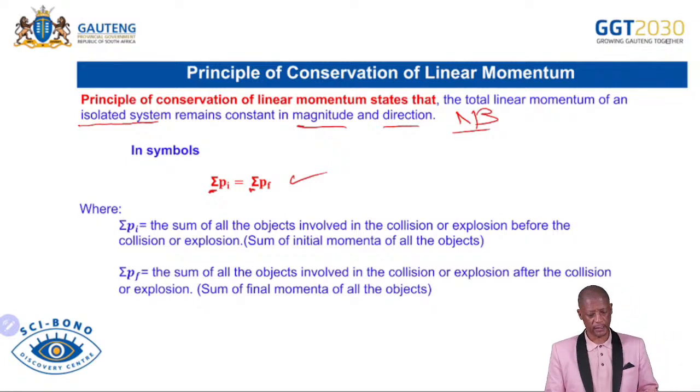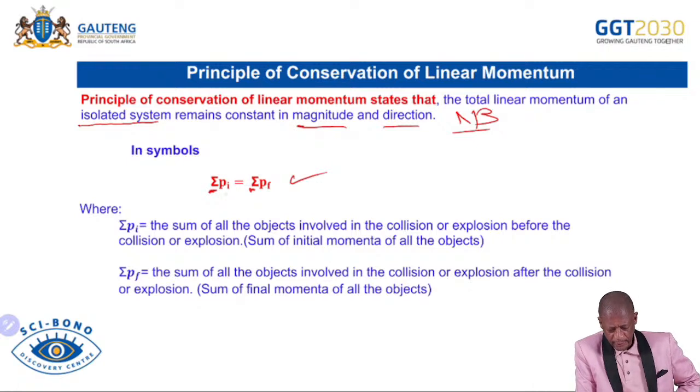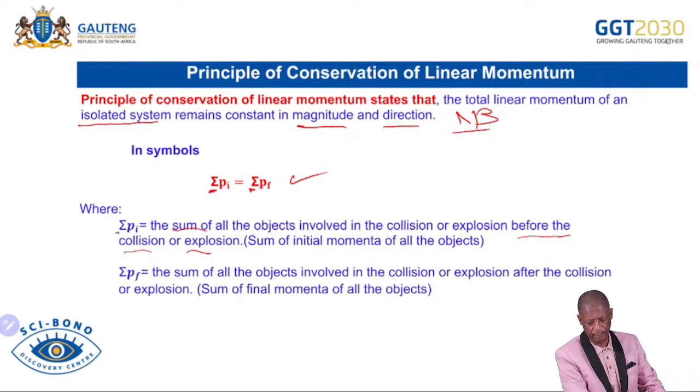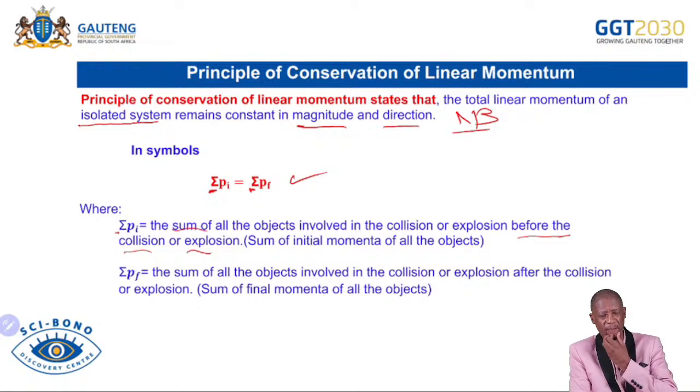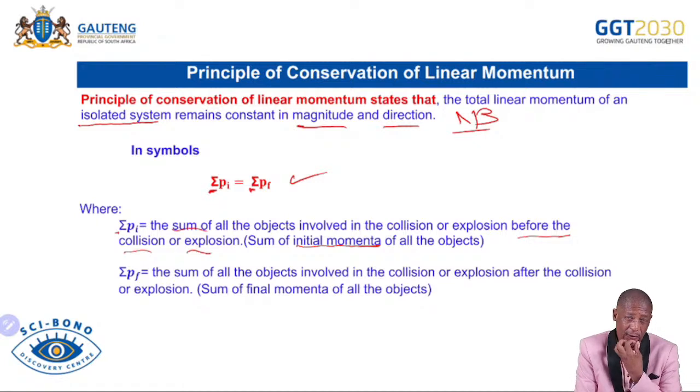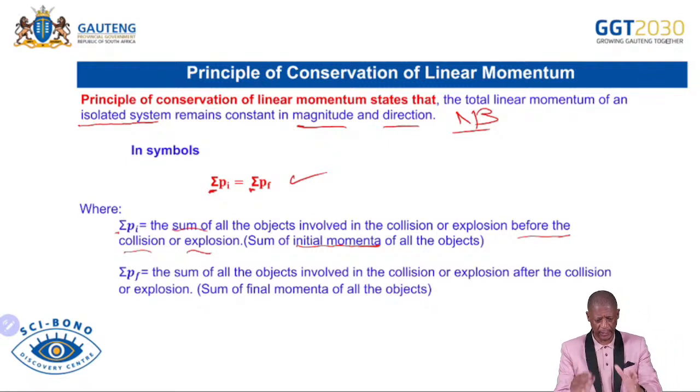So what does this sign mean? It says the sum of all objects involved in the collision or explosion before. This is before the collision or explosion. Remember, we said the sum. Now, where is this sum? This sum is in initial momentum, in a state of starting. Initial means start. So that is where you find your initial.